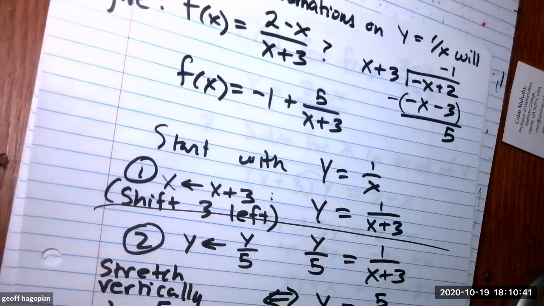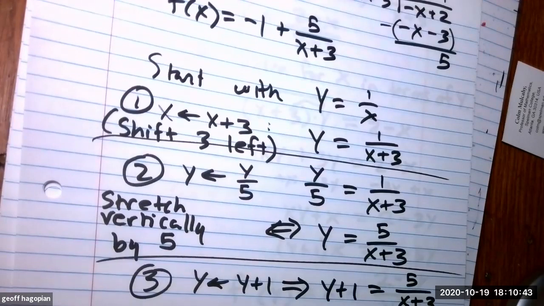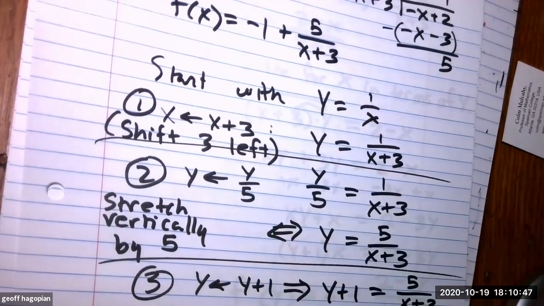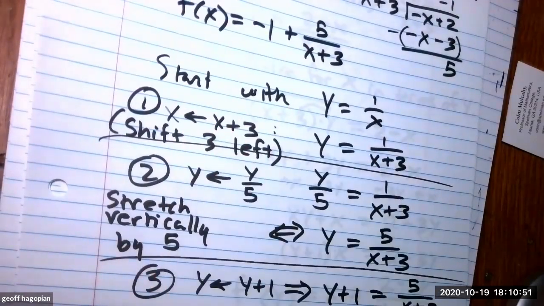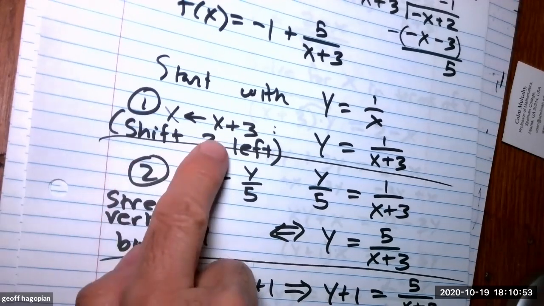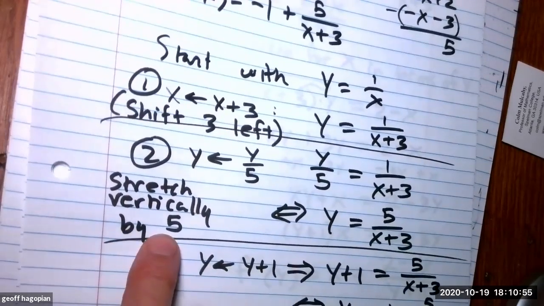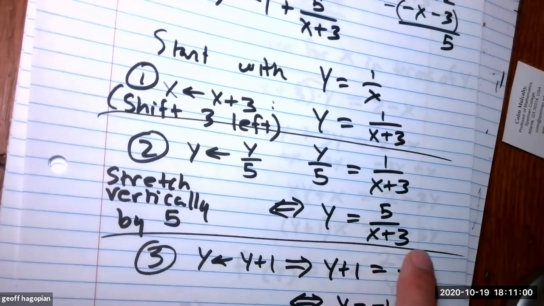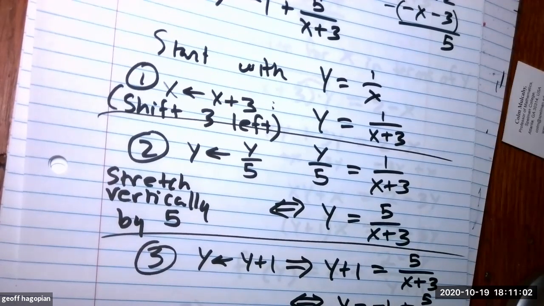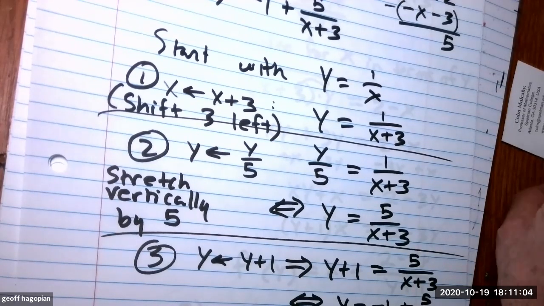And we talked about how we can perform a sequence of transformations on this 1 over x function to get this more complicated rational function. We shifted 3 to the left. We stretched vertically by a factor of 5. That gave us 5 over x plus 3. And then we shifted, I didn't label this one, did I?